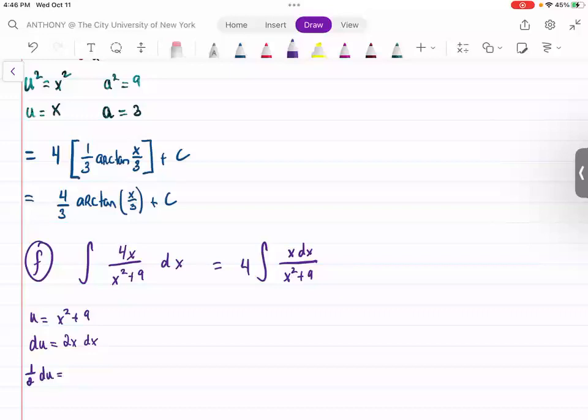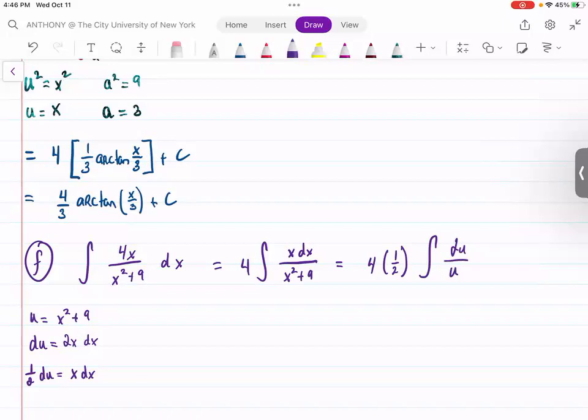So the 1/2 and 2 would cancel out. You get x dx here, okay? So you rewrite this integral now in terms of your u. Now the 1/2 can go on the outside, so we have 4 times 1/2 of the integral of du replaces x dx, and u's on the bottom, which is x squared plus 9.